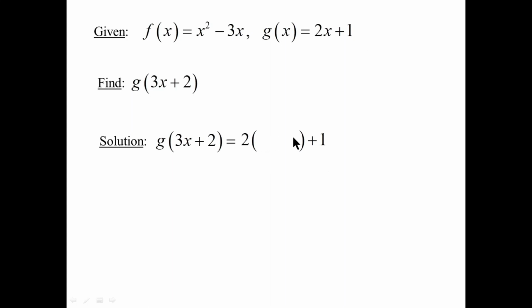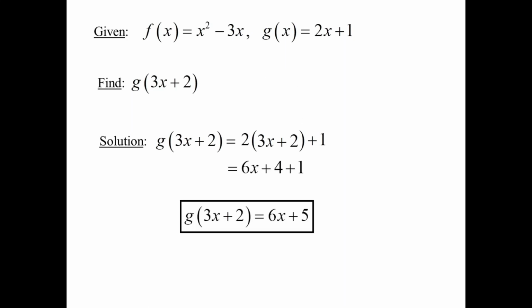So the input will go here because it goes where x is. That input is going to be 3x plus 2. So we'll put 3x plus 2 right there. And that's the hard part. The rest is pretty easy. It's from previous grades of math. Simply multiply 2 times 3x and 2 times 2 and add 1. And we get g of 3x plus 2 is 6x plus 5.